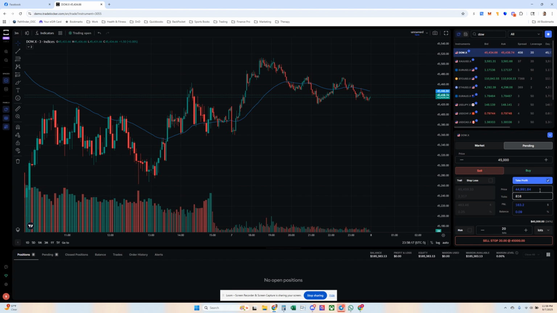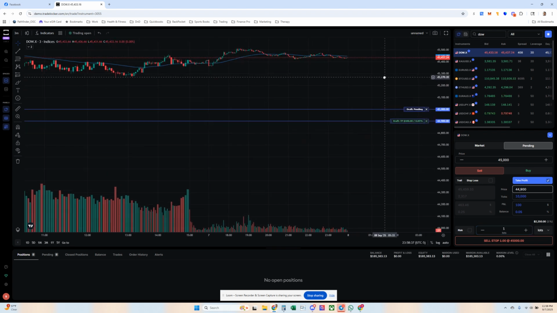Let's say it goes to 44,900. As we can see, that is 100 points that the Dow had moved. This is the movement that we're looking at here.